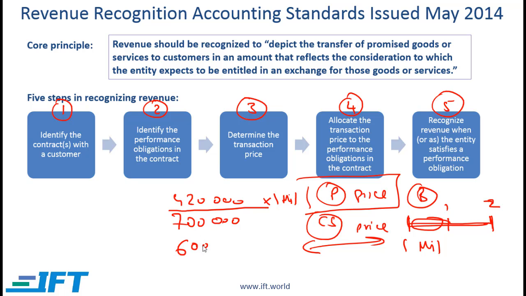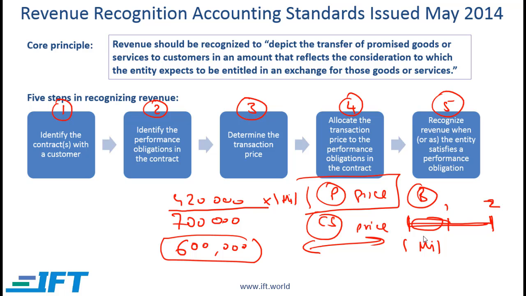This gives us 600,000, which means that 600,000 can be recognized as revenue in the first year. Notice that what we have actually done is essentially the percentage of completion method, and with this new standard, the term percentage of completion is not used, but effectively we are doing the same thing.